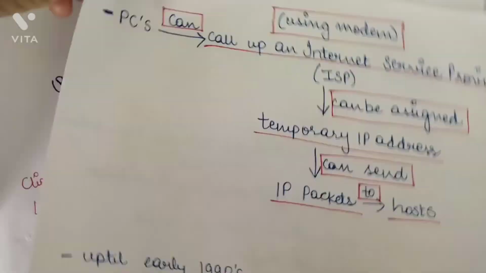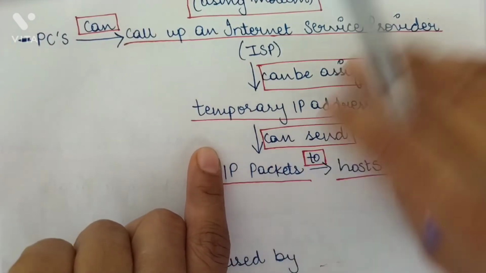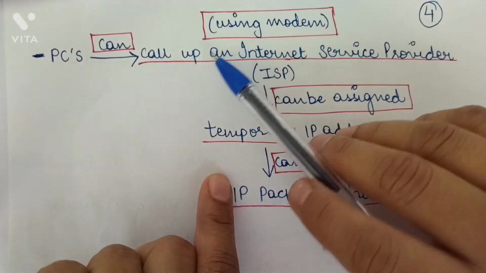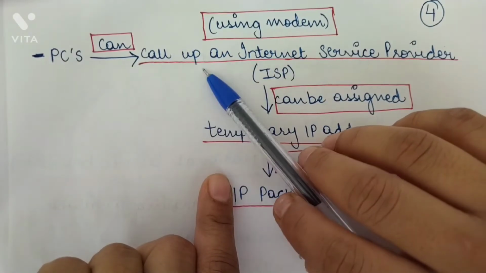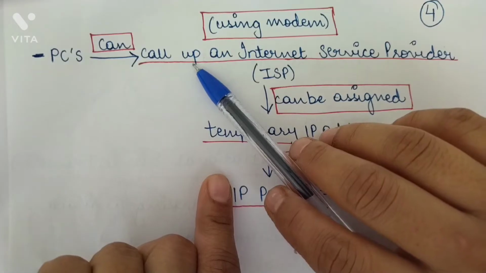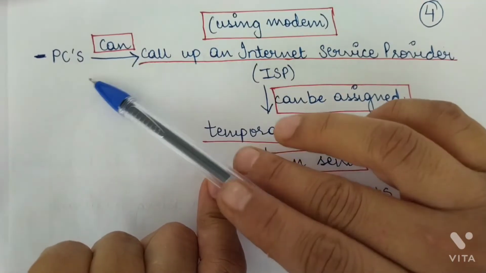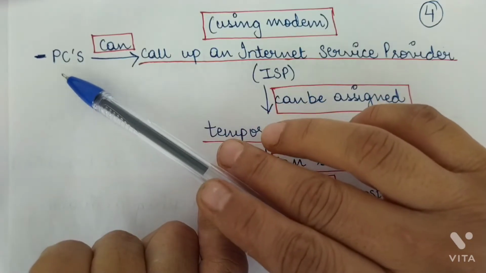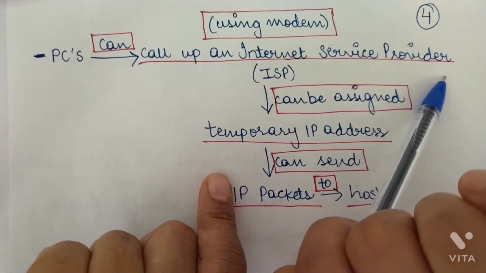Now, using this particular NSFNET, that is the National Science Foundation Network, which uses your TCP/IP reference model and the TCP/IP protocol stack, any PC, by PC here I mean the personal computers, can call up an internet service provider using a modem.